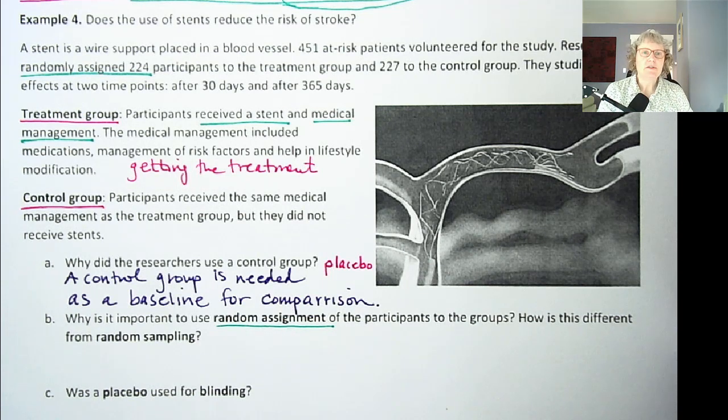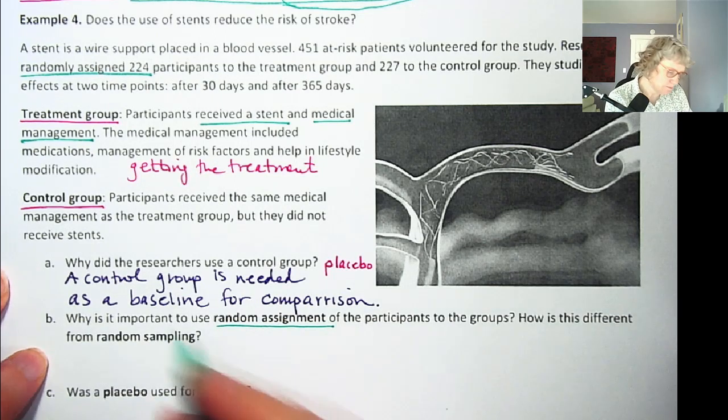So we need to spread out all of the other variables: age, race, ethnicity, lifestyle, smoking, all those different variables we're looking at. We need to spread them out into the two groups to make sure that it's not another variable that is responsible for the results. Okay, so we need random assignment.